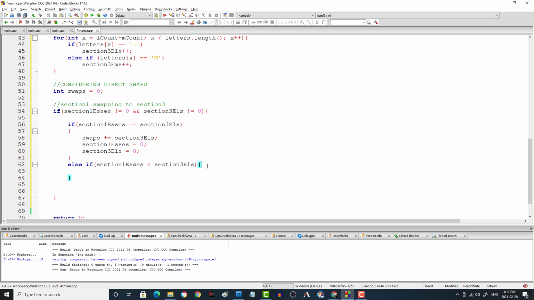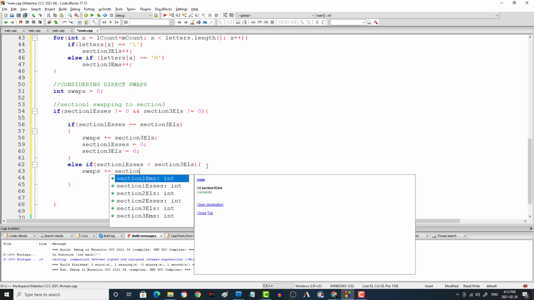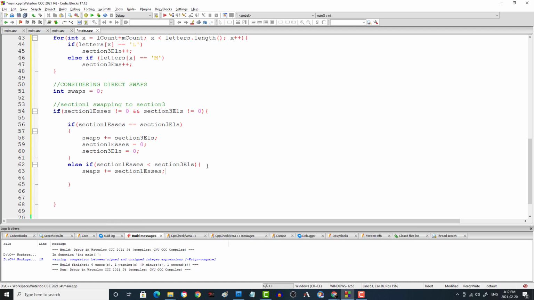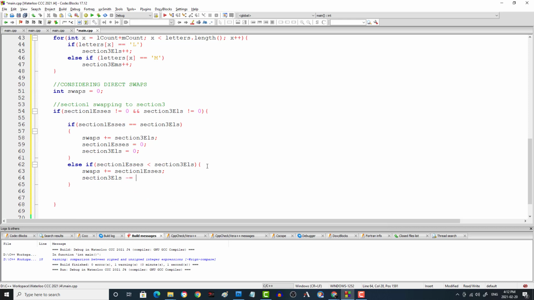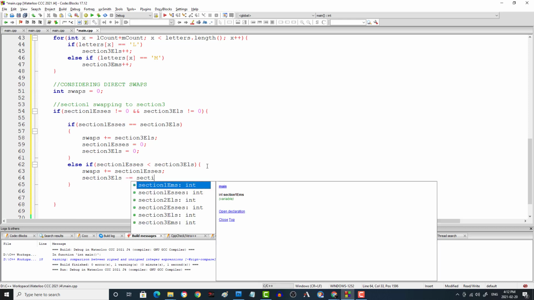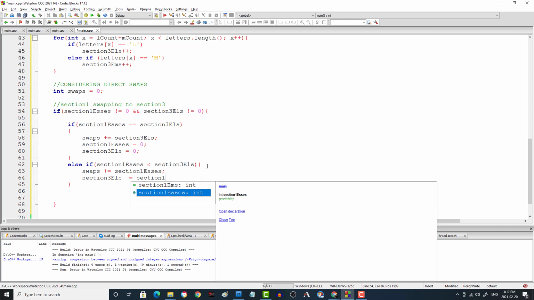So you can swap all the S's, but you wouldn't be able to swap all the L's. So what we can do here is we can say that the swaps plus equals the section 1 S's. Okay, because we would be able to swap all of those S's over to the other section for all of those L's. Now, the section 3 L's would take away section 1 S's.